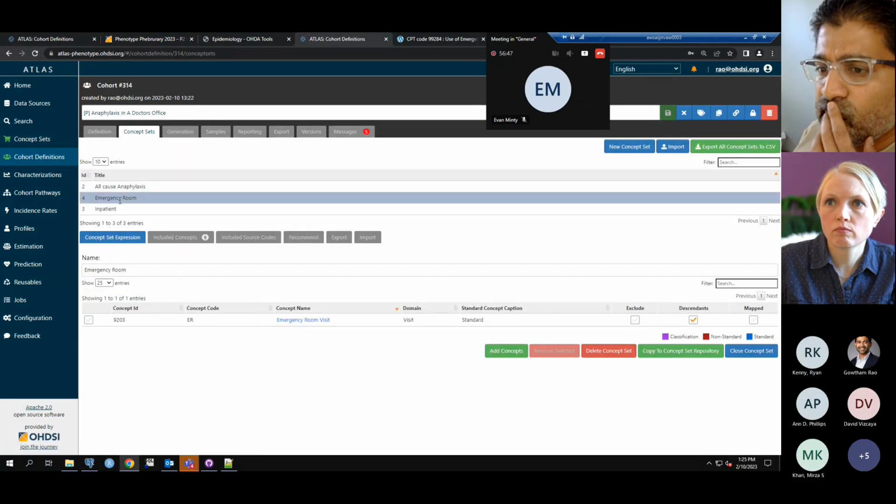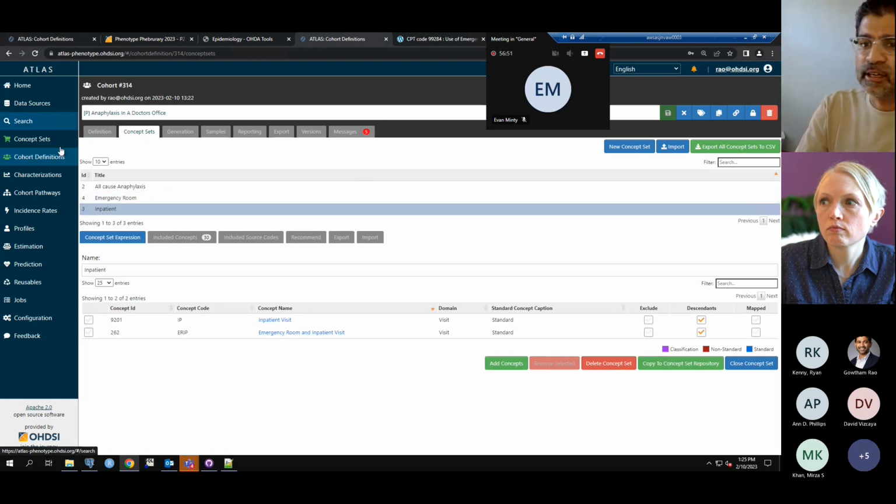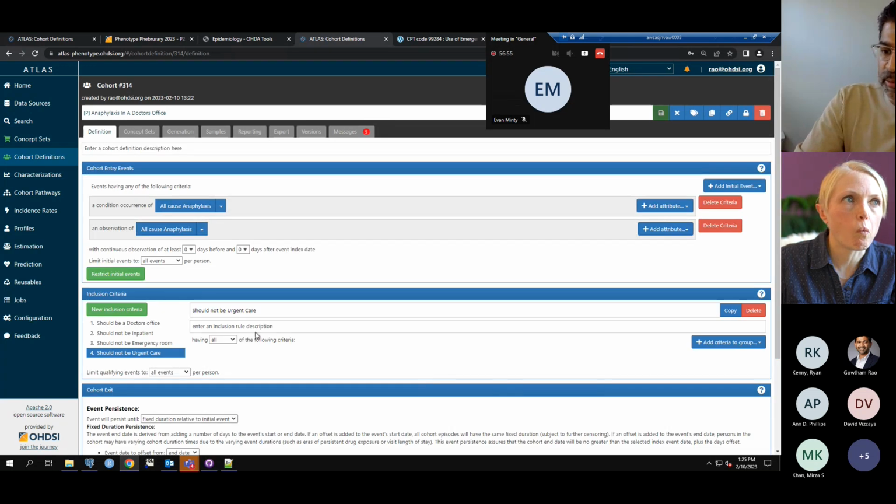No. Okay, so I have to use a different trick here. For this particular one, I'm going to build a concept set expression that includes codes outside the visit domain to represent urgent care, and that will be defined as any form of urgent or emergent care represented in the procedure domain.